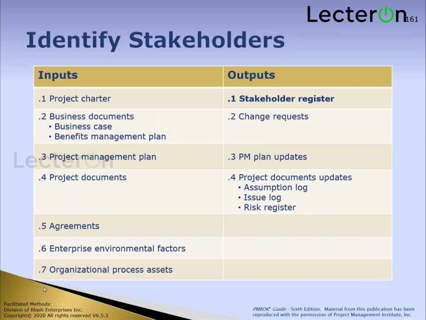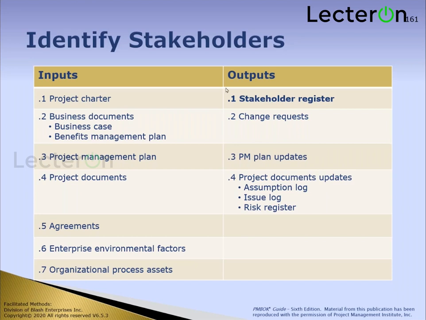Here is the first time we're now going to see the EEFs and OPAs coming in. Now, I want you to look at these later on as you go through, because I want you to see when do you have both and when do you only have one of them.